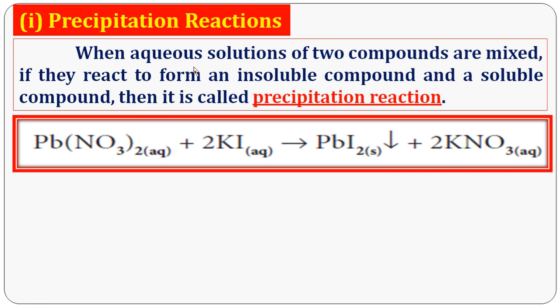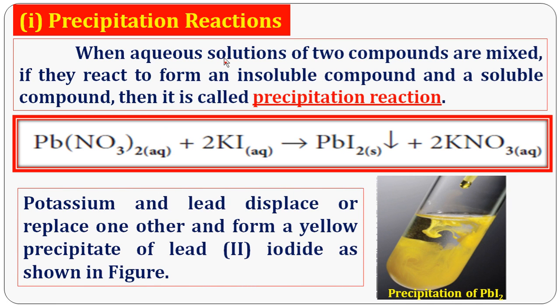When aqueous solutions of two compounds are mixed, if they react to form an insoluble compound and a soluble compound, then it is called a precipitation reaction. For example, lead nitrate, Pb(NO3)2, mixed with potassium iodide, KI, gives a precipitate of lead iodide, PbI2, plus potassium nitrate, KNO3.